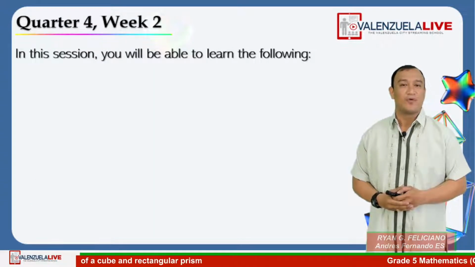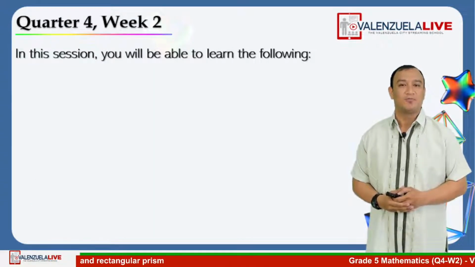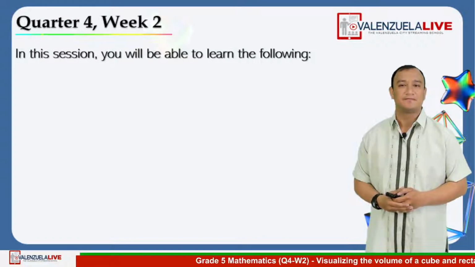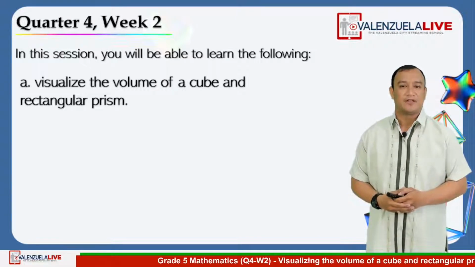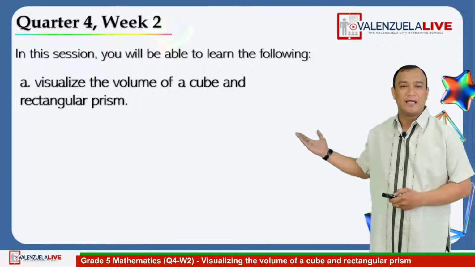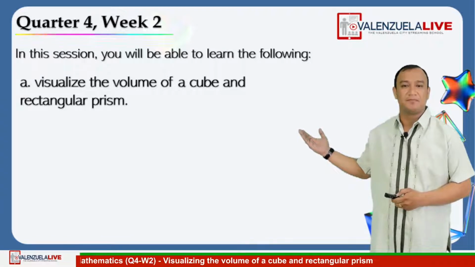We are now on our Quarter 4, Week 2 of our most essential learning competencies. In this session, you will be able to learn the following. For letter A, visualize the volume of a cube and rectangular prism.